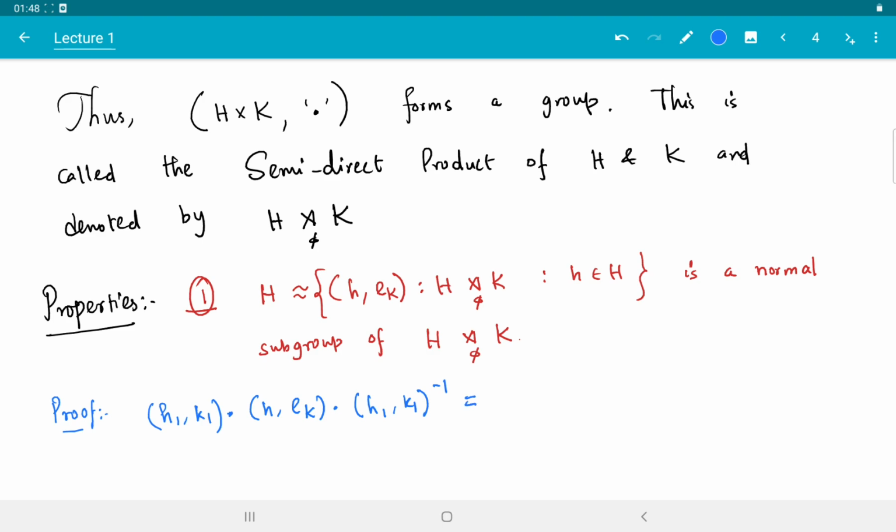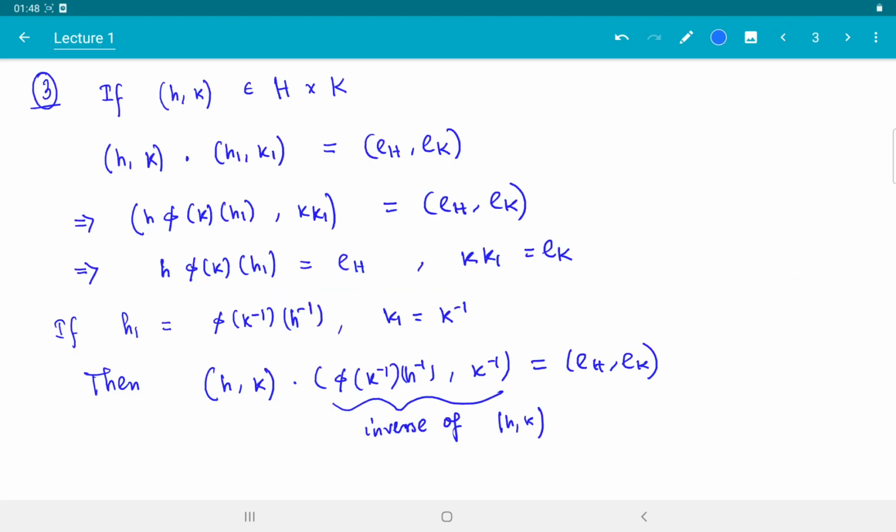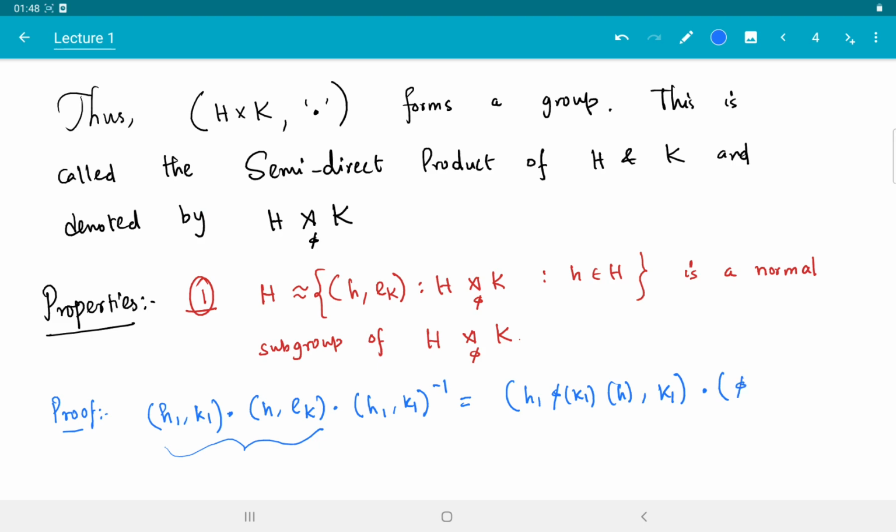Let me compute it for you. If I compute this first, by the definition this is (h1 phi_k1(h), k1), and I have shown that the inverse of any (h, k) is (phi_k inverse of h inverse, k inverse). So the inverse is (phi_k1 inverse of h1 inverse, k1 inverse).